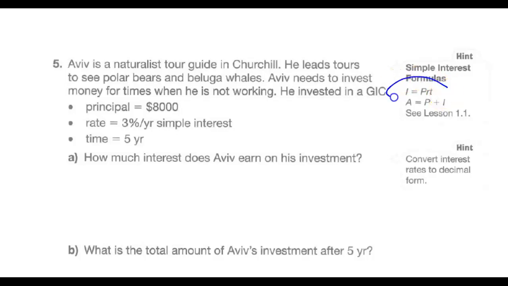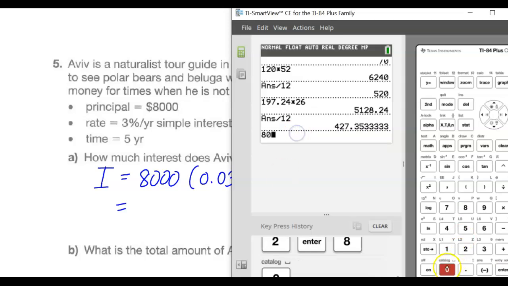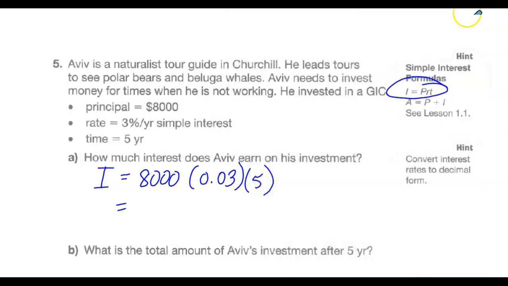So simple interest, a reminder: the interest is the principal times the rate, the yearly rate as a decimal, times the number of years. And that's $1,200. Just a sec here, what's happening?